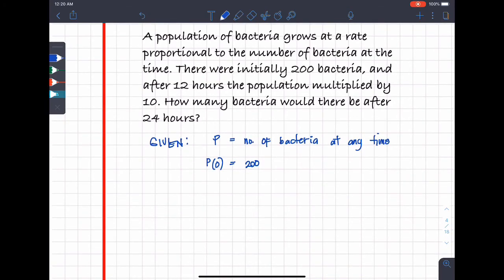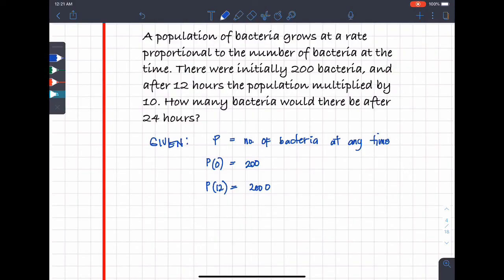So 12 hours from the initial 200 is multiplied by 10, so that makes it 2,000. So the bacteria accumulates to 2,000 after 12 hours.